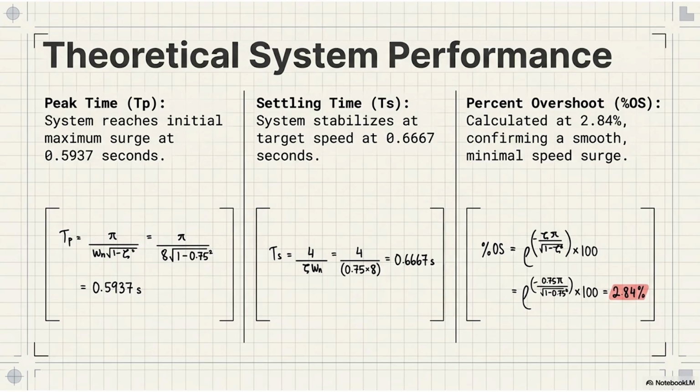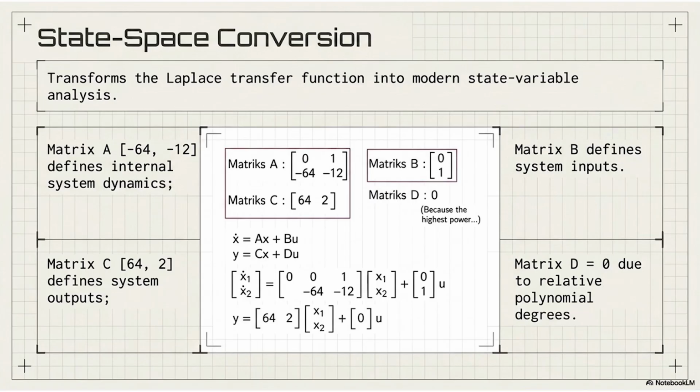We also transform the Laplace transfer function into modern state variable analysis. This gives us a matrix format of x dot equal to Ax plus Bu and y equal to Cx plus Du. Based on our equation, matrix A, which defines internal system dynamics, is [0, 1; -64, -12].